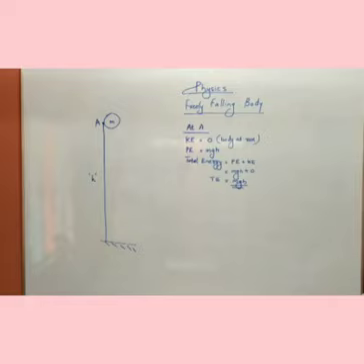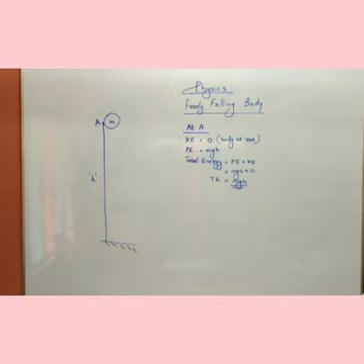Before falling, the body is at rest. And the body is placed at a height of h meter above the ground level. Therefore, the body should possess potential energy.